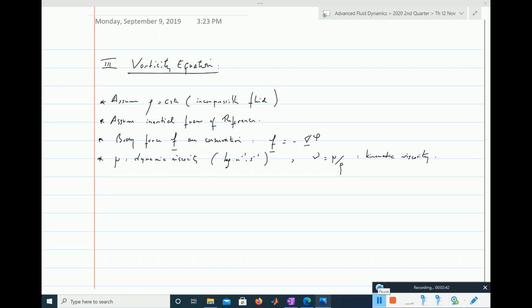Note that the units of the kinematic viscosity are kilograms meters minus 1 second minus 1 divided by kilograms per meters cubed. So in the end, the kinematic viscosity has units of meter squared per second.